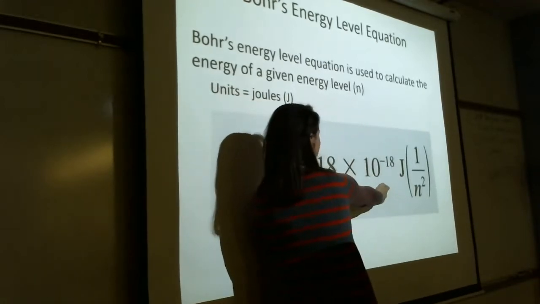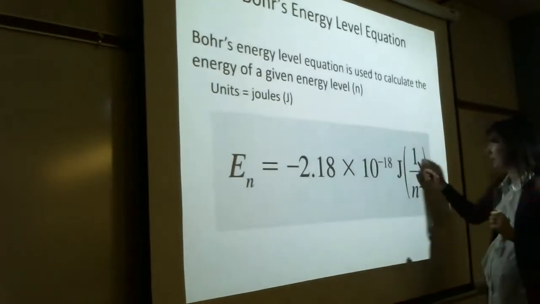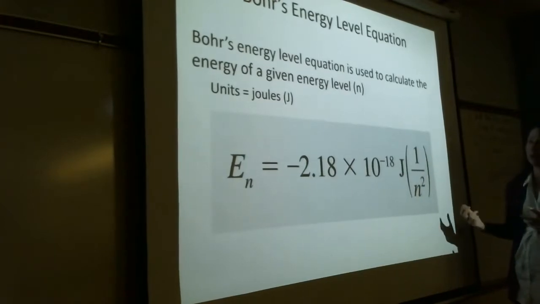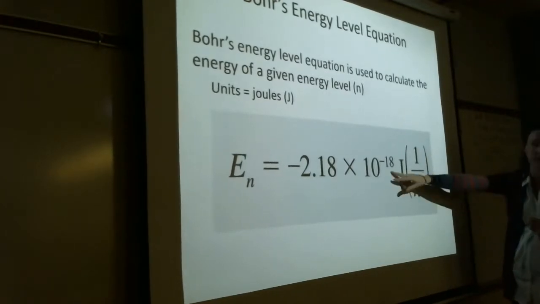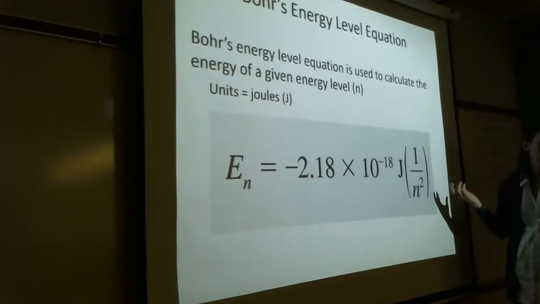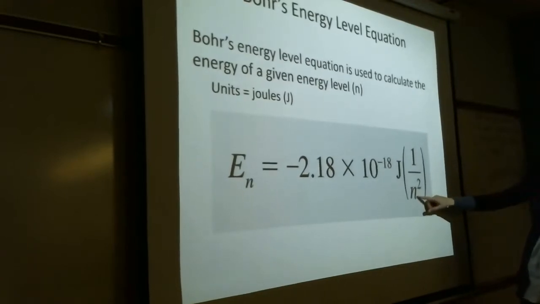Now this is a constant, times 1 over n squared. So if n equals 1, it would just be 1 over 1. If it's n equals 2, it'd be 1/2 squared times this. If it's n equals 3, it'd be 1/3 squared times this. You get the idea? You just take this constant and divide it by whatever n is squared.